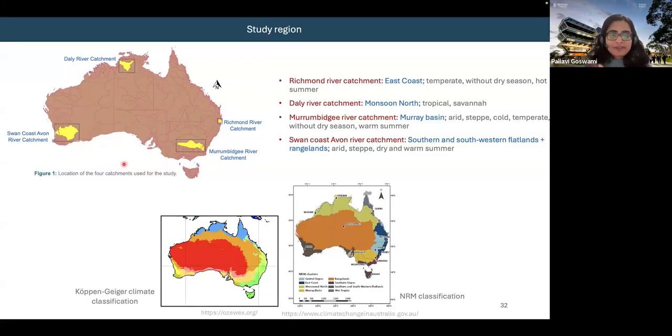The idea was to have catchments from different parts of the country, representing different hydroclimates, just to make sure that we are catering to all possible predictors that explain this rapid depletion in soil moisture.